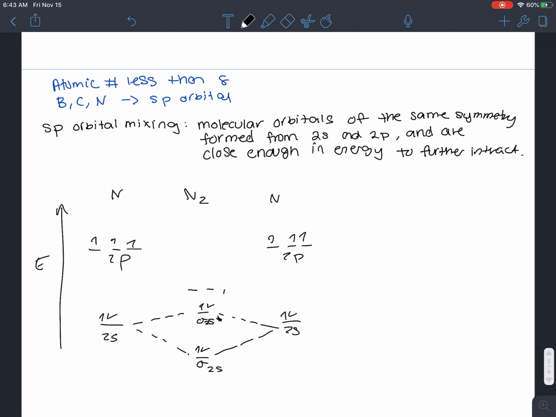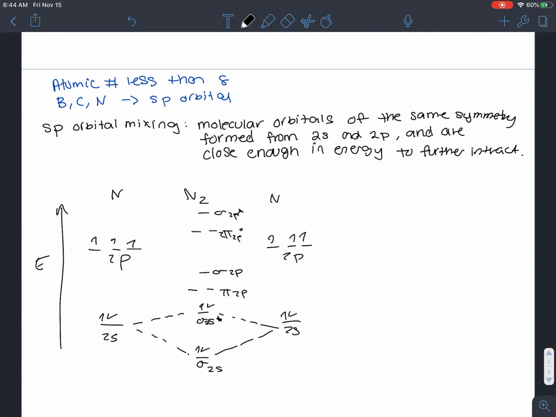And now, because it's not oxygen, fluorine, or neon, it is nitrogen, then we have pi 2p first, then sigma 2p. And still pi 2p star and sigma 2p star.